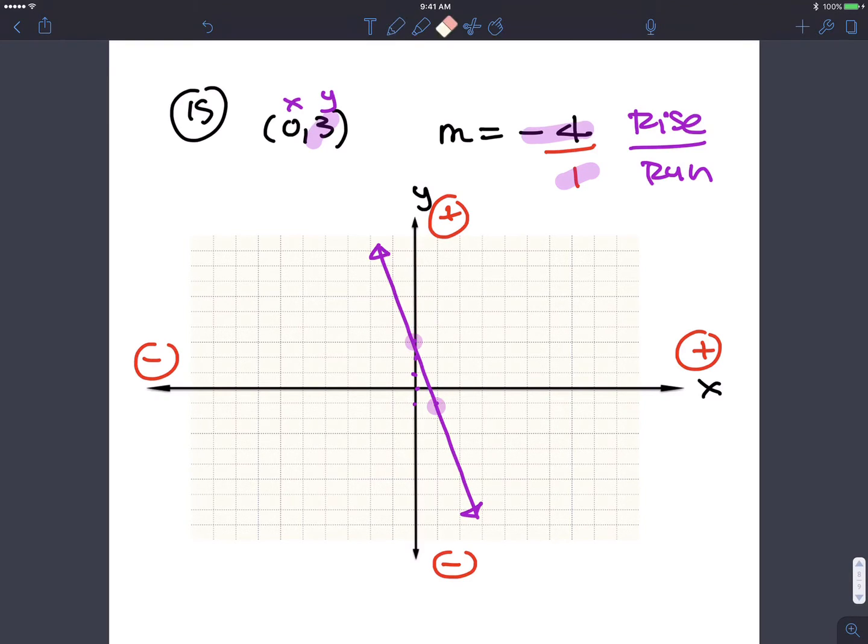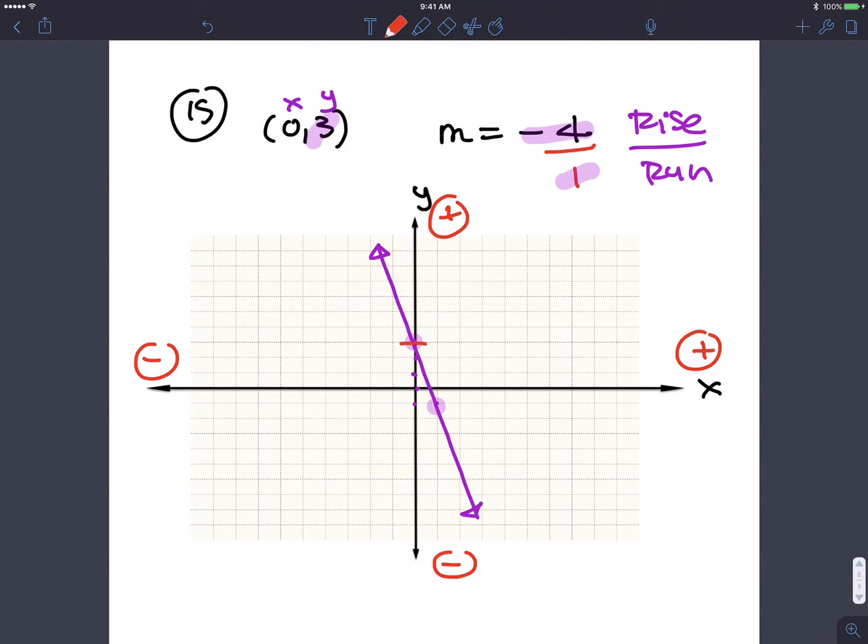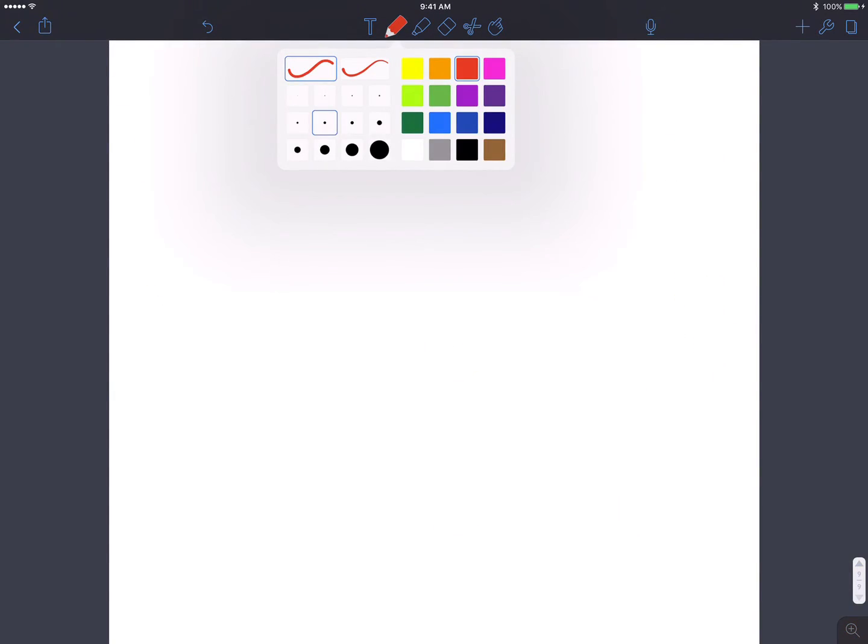Notice again, your y-intercept is at positive 3. That's where you cross the y-axis. Number 17. 0, negative 4.